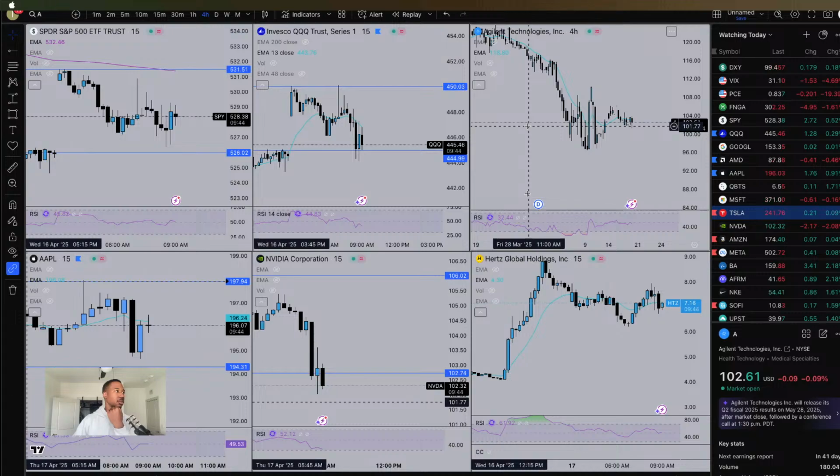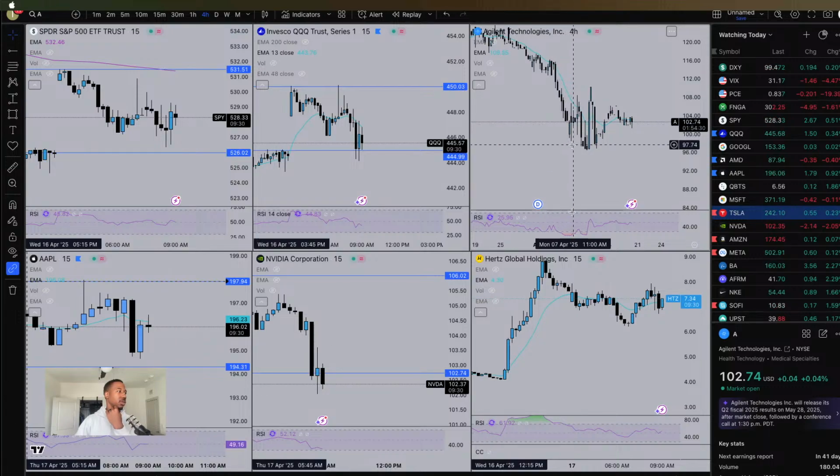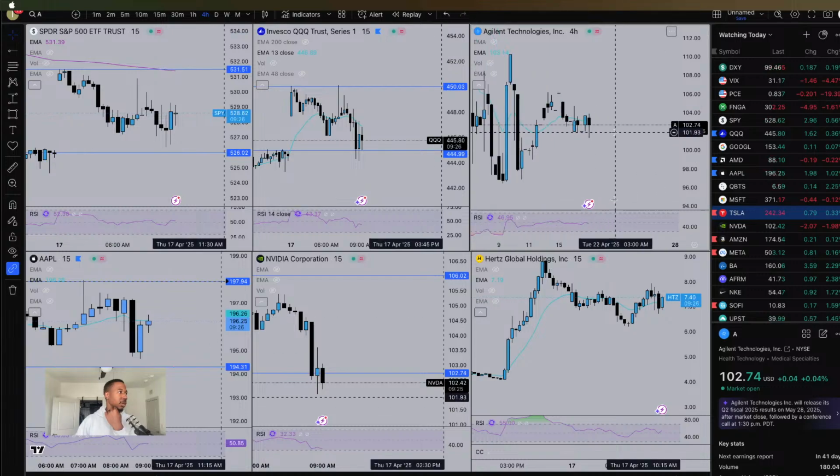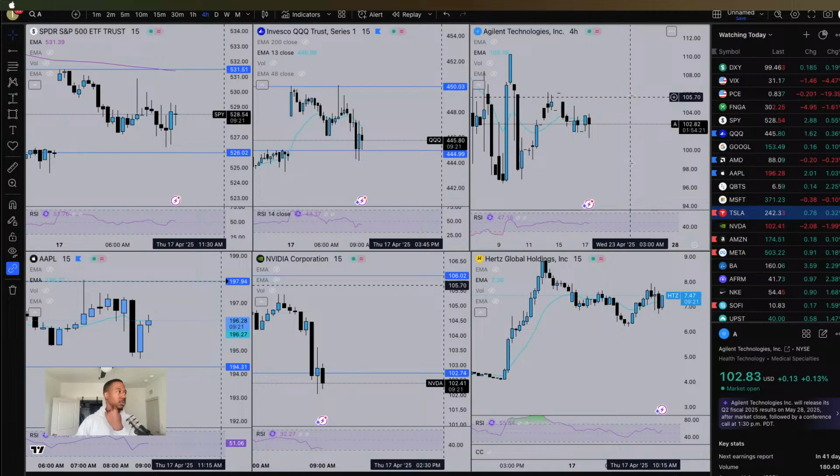Larger support looks like it's around 101. A higher resistance would be 110, but I would stick to what I just said: 101 support and about 104 or 104.50 for resistance.